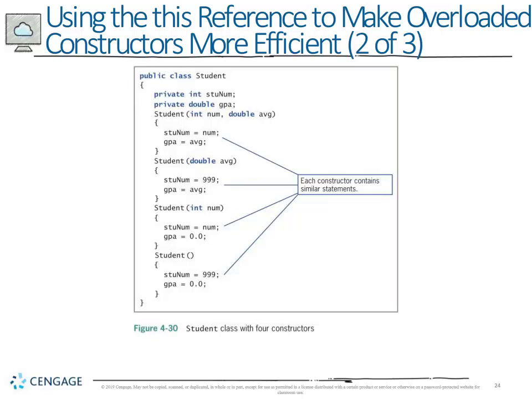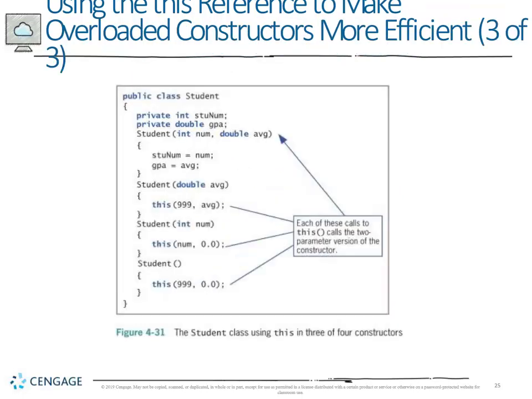Instead of writing in this way, we can reduce the amount of repeated code by writing it this way. We use the this reference from one constructor version to call another version. The first constructor still has an integer and a double. The second constructor only receives one double parameter, so we can just say this, then pass the first parameter integer 999 and the second parameter the double.